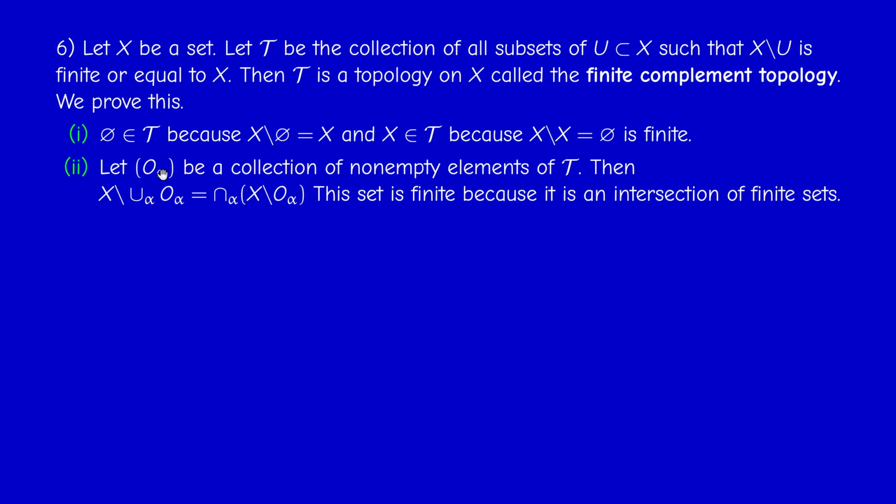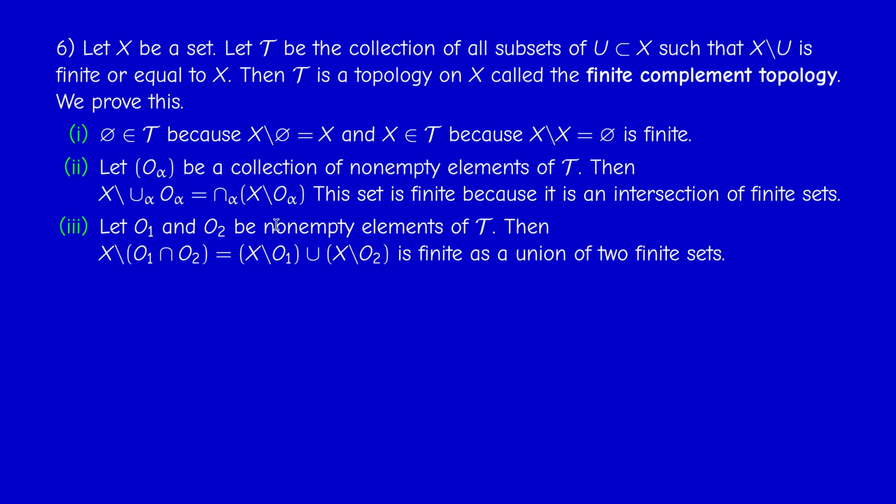So O alpha is not empty. So since it's open, then its complement is finite. So the complement of the union is the intersection of the complements, and then this is an arbitrary intersection of finite sets. So it's of course a finite set as well, because it's contained in a finite set. Okay.